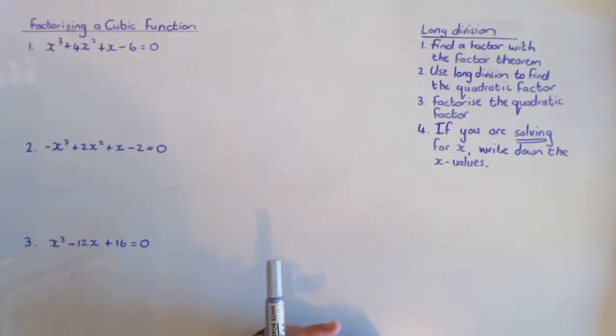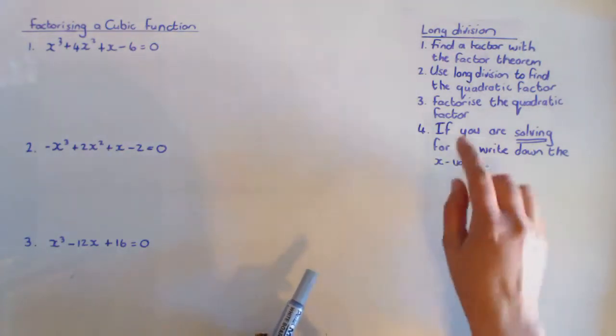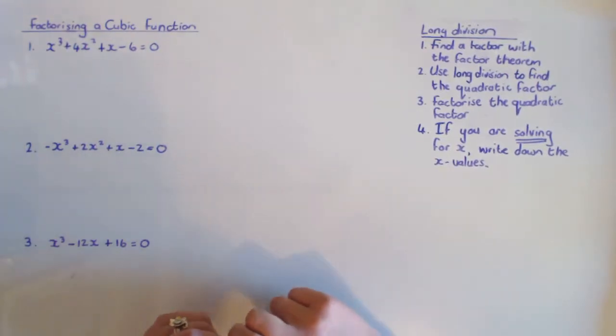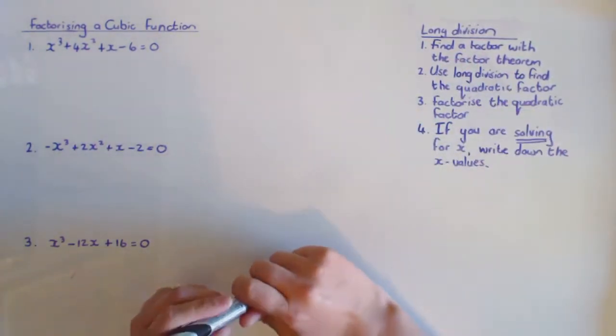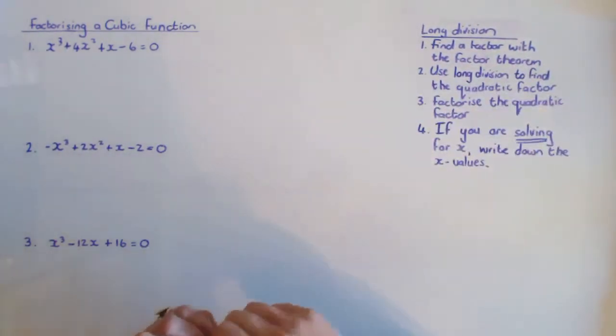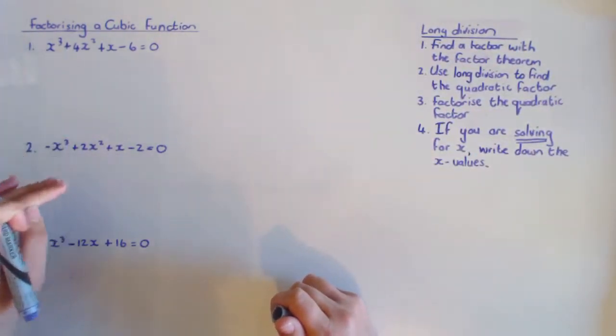Right, so now I'm looking at the second method for factorizing a cubic function, and this is the method of long division. You're still going to start off the same way that you did in the previous one, by finding a factor with the factor theorem. If you remember, I'm using the same equations.